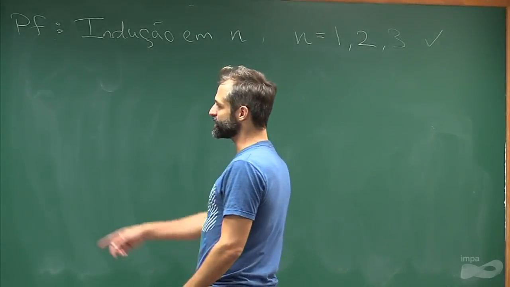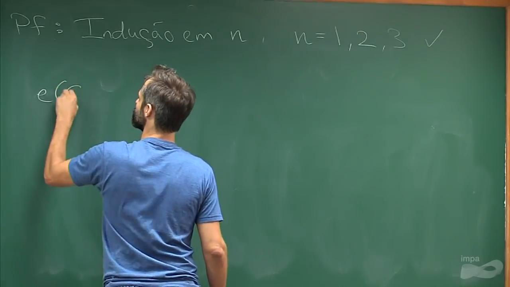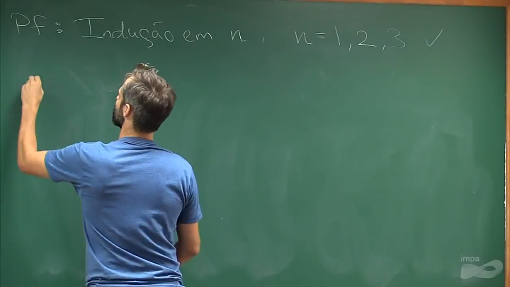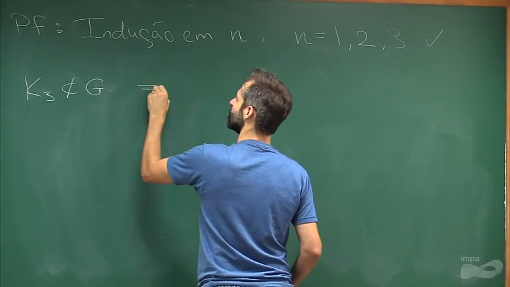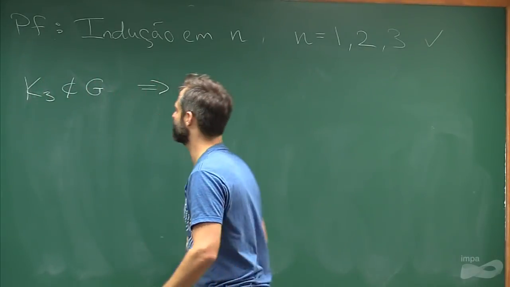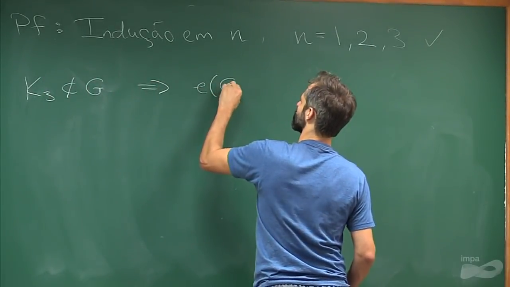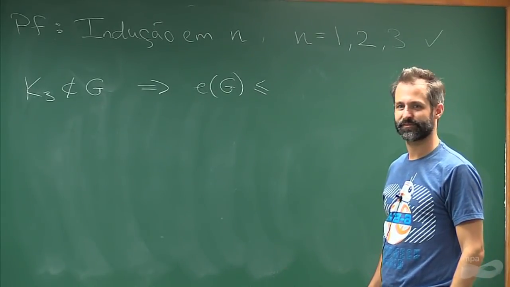Okay. So what does the induction hypothesis tell us here? It tells us the number of edges of G. So if G does not contain a triangle, this picture tells us the number of edges of G is at most what? I have a question. Yeah, please.